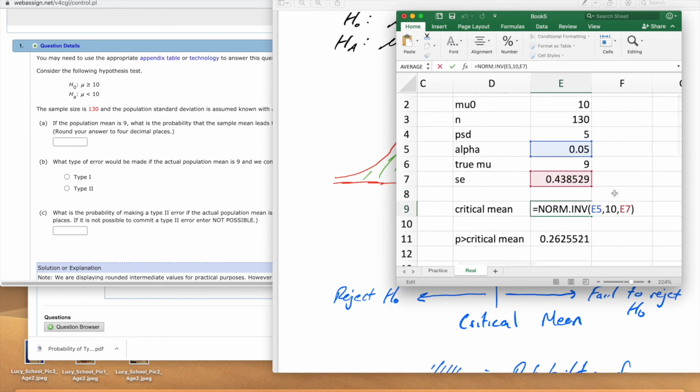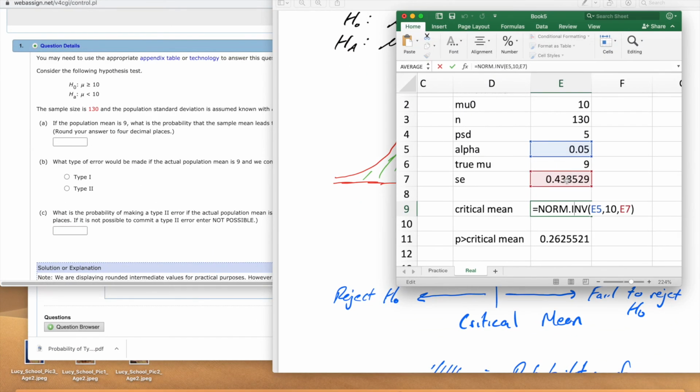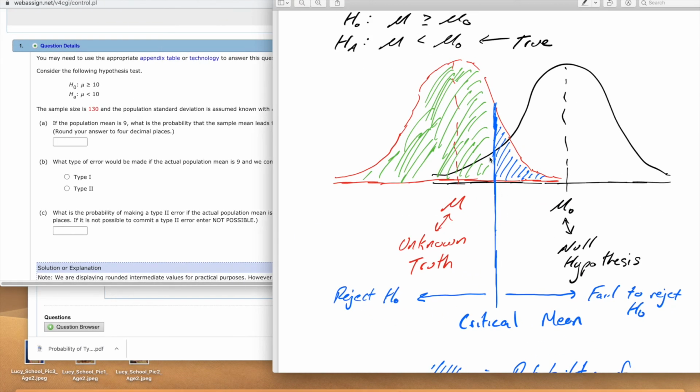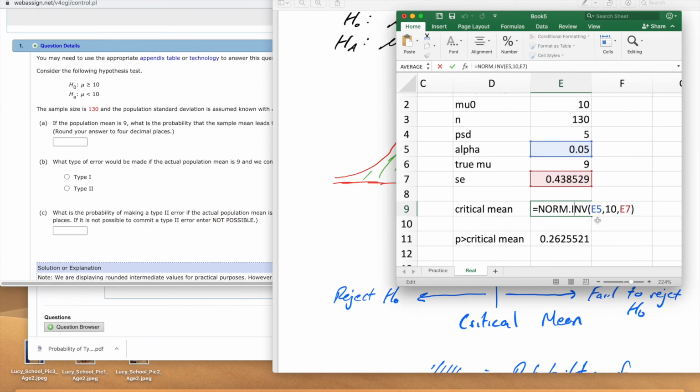Now the critical mean, remember, I had to figure out what number breaks this into my accept null hypothesis region and reject null hypothesis region. We figured that number out using 10, the null mean, using alpha, how much area is to the left of this blue line, 5%, and the standard error, of course.